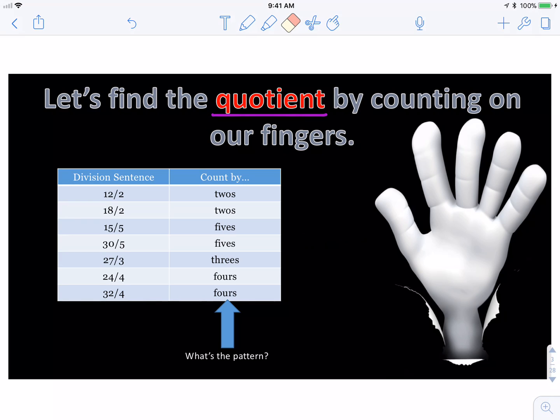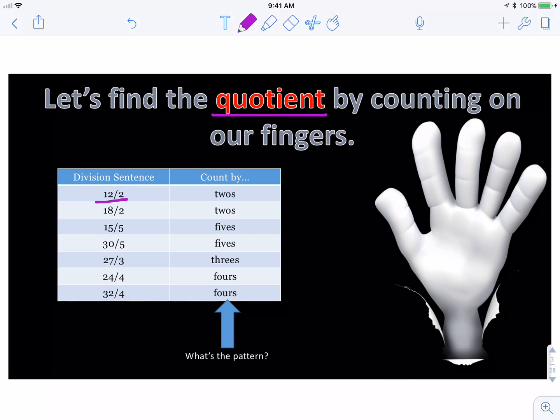So go ahead and count by 2's to get from 2 to 12 and use your fingers. If you start on your left hand counting by 2's, it's 2, 4, 6, 8, 10, 12. How many fingers did you just count?